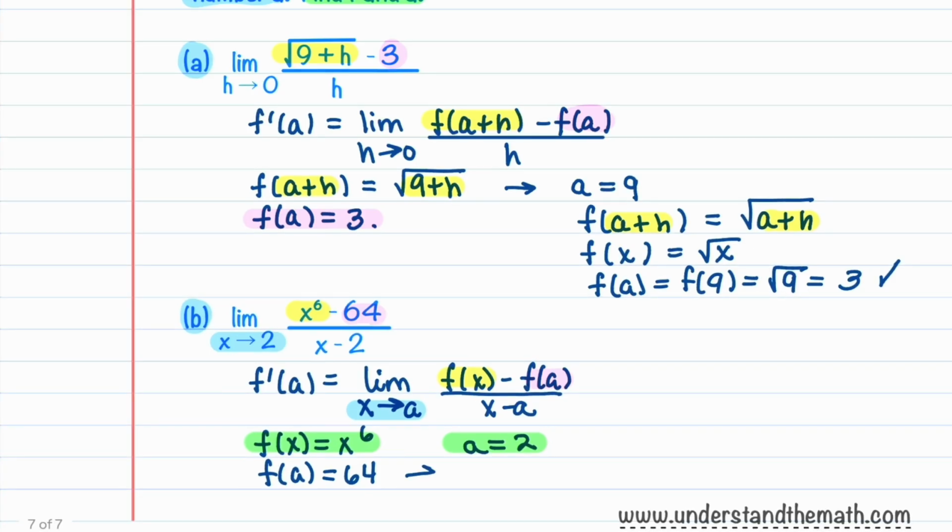And here's our built-in check. We're told that f of a is equal to 64. Let's see if that's true. f of a is f at 2, which is 2 to the 6th, which is indeed 64. So we know we've done the problem right.